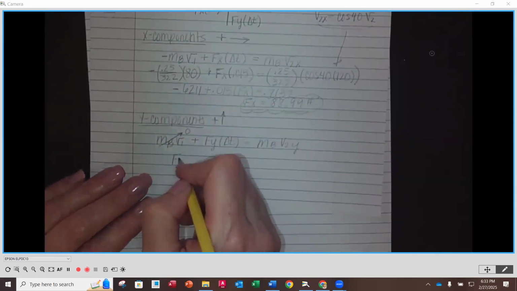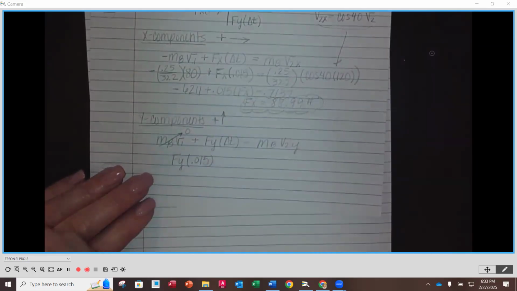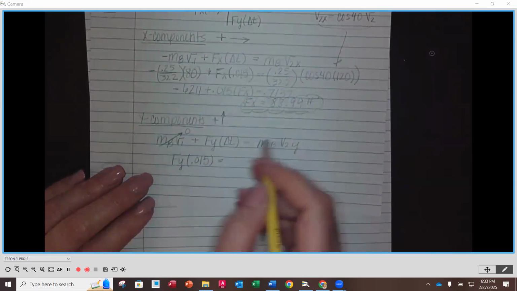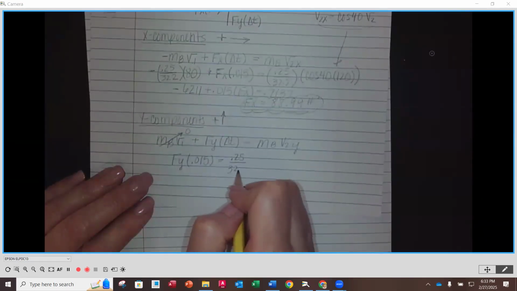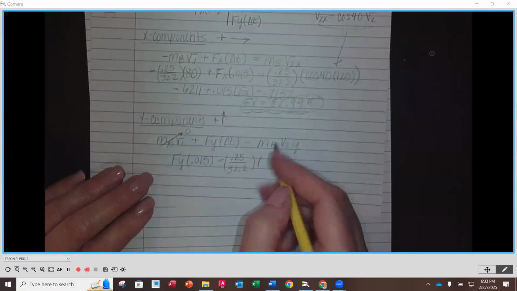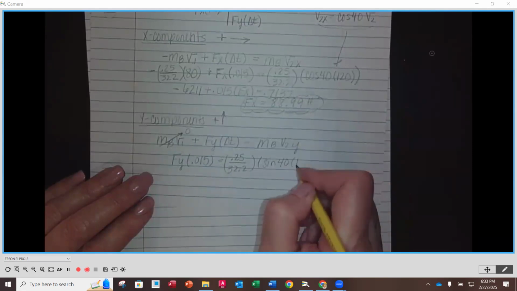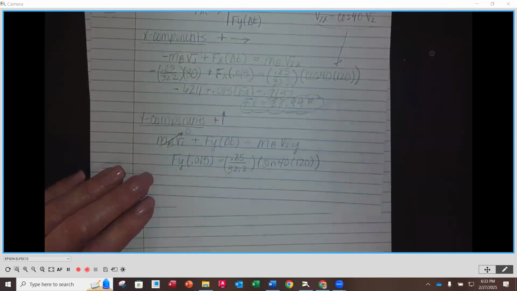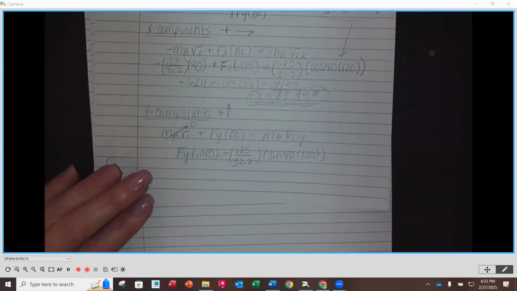So we would have Fy times 0.015 seconds equal to the mass of the ball, which is 0.25 pounds divided by 32.2, and the velocity 2y is going to be the sine of 40 degrees times 120 feet per second. So your unknown here is just your Fy.